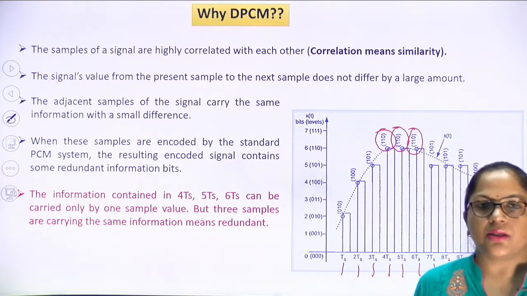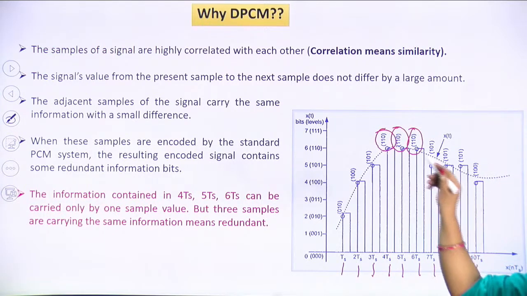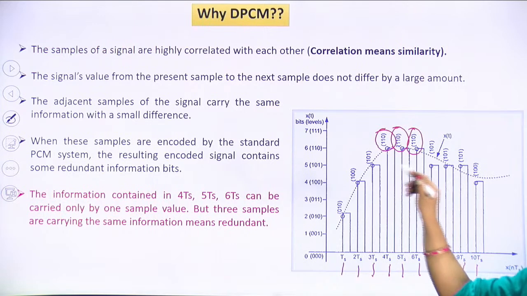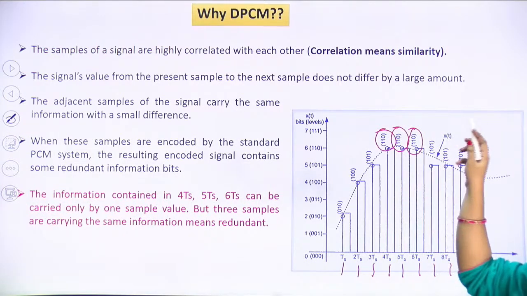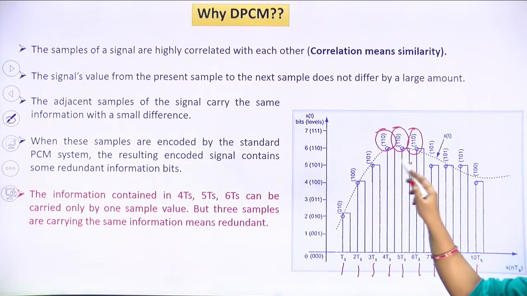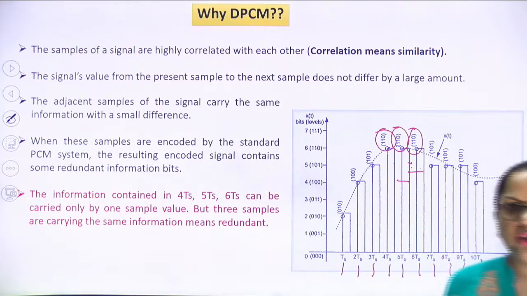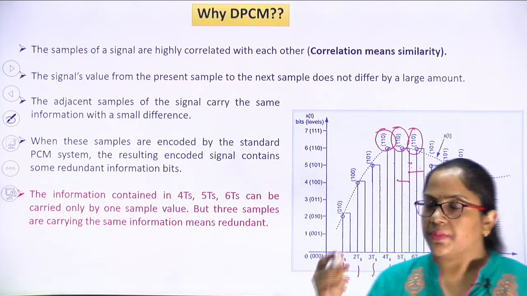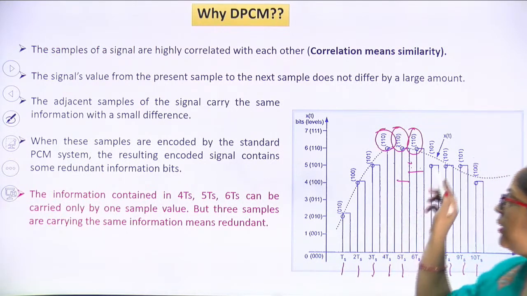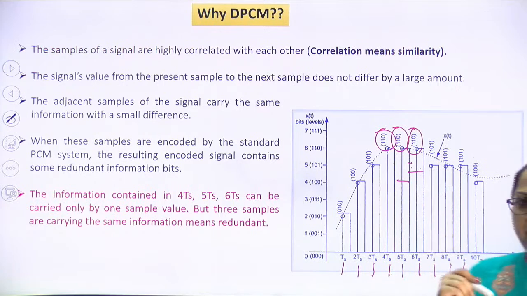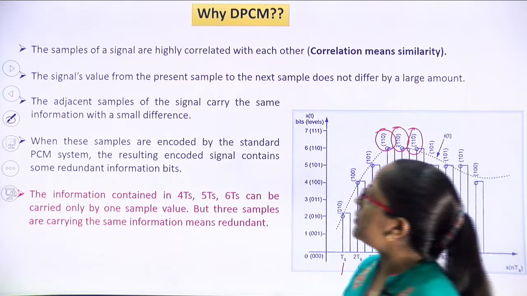But in differential pulse code modulation, we consider the difference of these samples, then quantize and transmit them. So the difference of these two will become 0, and again the difference of these two will become 0. So we have no need to transmit these three samples repeatedly. This type of information, where the samples are carrying the same information, is called redundant bits.